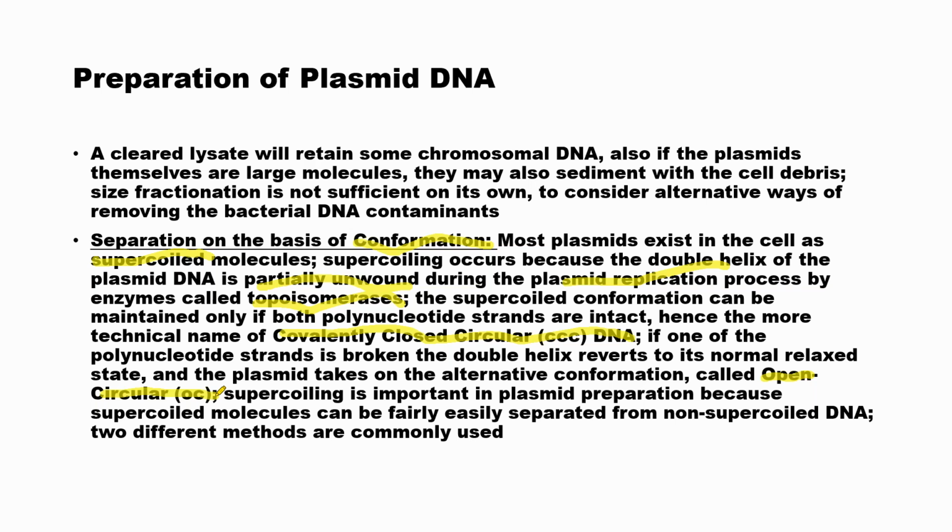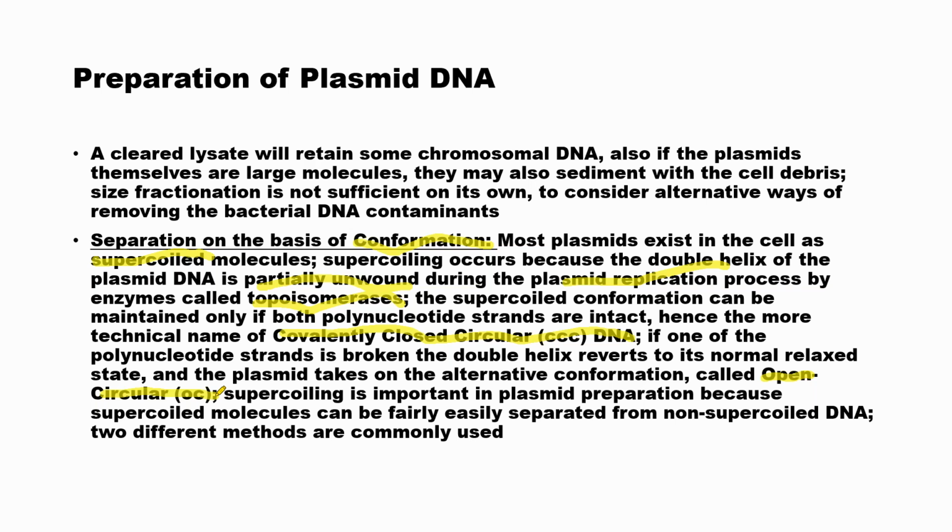Now, within this supercoiled conformation, if both polynucleotide strands, because it is a double-stranded molecule, are intact without any gap, the plasmid will appear as covalently closed circular DNA, triple C DNA. But if there is any breakage in any of the DNA strands, it will take another alternative conformation, called open circular or OC conformation.